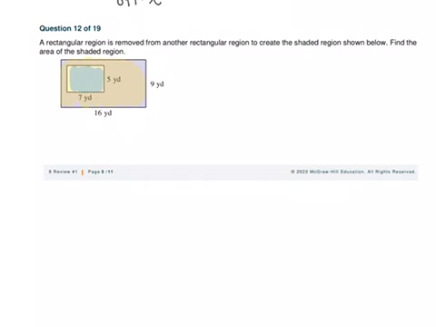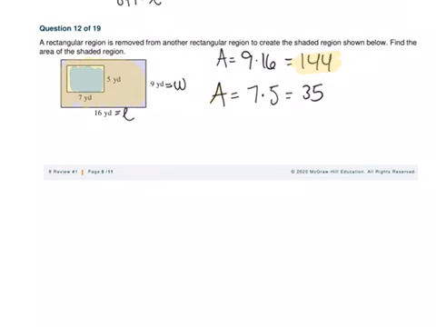So the outside has a length of 16 and a width of 9. The area of that outside rectangle is 9 times 16, which is 144. And then the area of the inside rectangle is 7 times 5, which is 35, and that's the area of the blue rectangle.